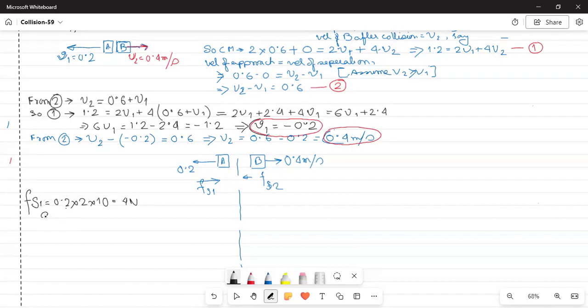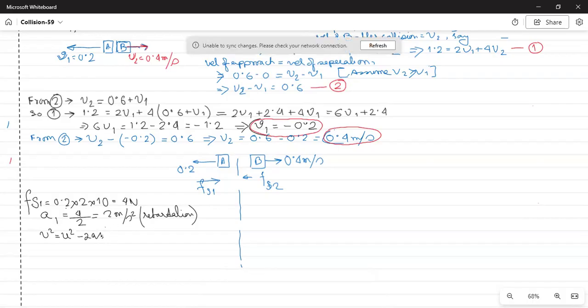So naturally its acceleration a1 will be 4 by 2, that is 2 meter per second square. But this is actually a retardation because the force is acting opposite to the motion of the body. So by the kinematics formula, V square equals U square minus 2aS.